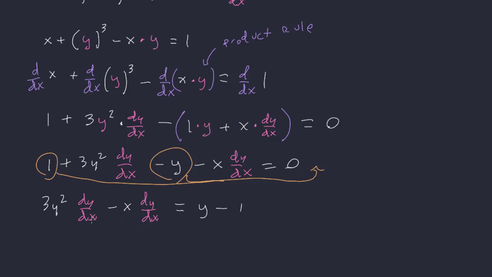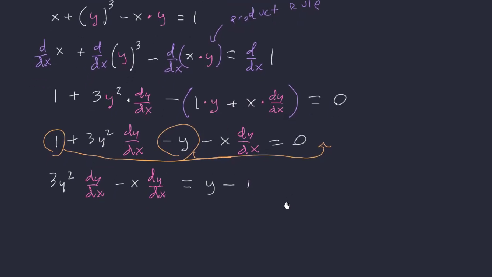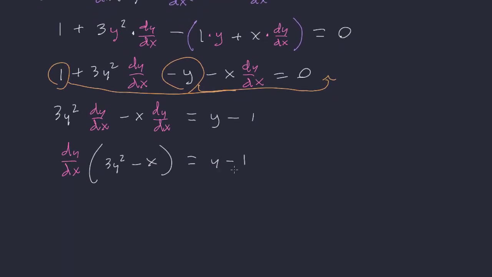Now we will factor out that dy/dx, since these two terms share it. So we will get a dy/dx times what's left, which is 3y squared minus x, equals y minus 1. And now we can just divide by this whole thing. So we get dy/dx is equal to y minus 1 all over 3y squared minus x.